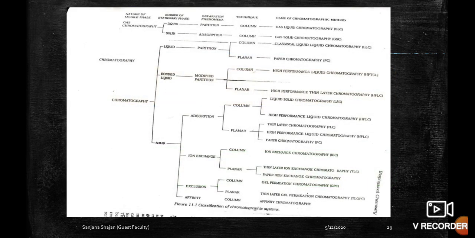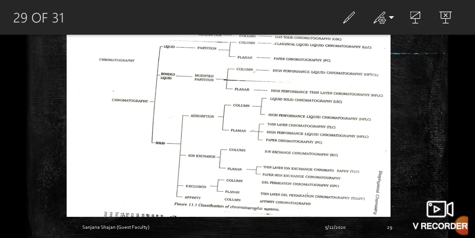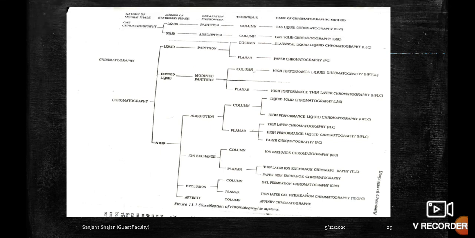This is a flowchart which gives everything about the classification of chromatography. Here you can see the nature of the mobile phase, the stationary phase, the separation phenomenon, the technique, and the name of the chromatographic method.